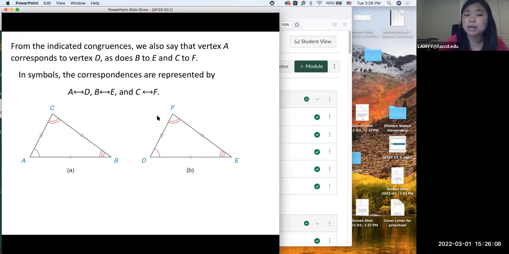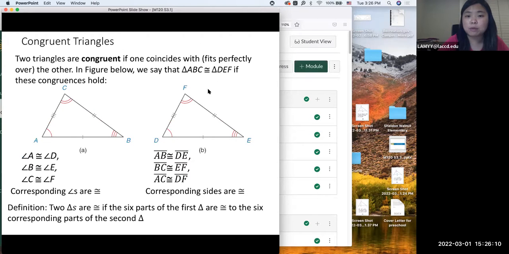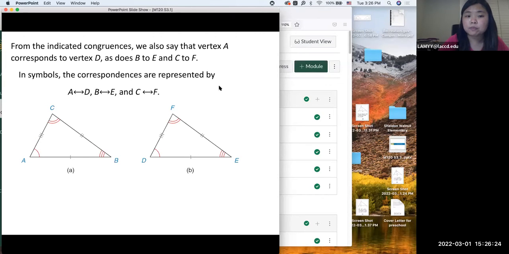You have to match each vertex: A corresponds to D, B corresponds to E, C corresponds to F. You can't mess up the order, so pay attention to this part.